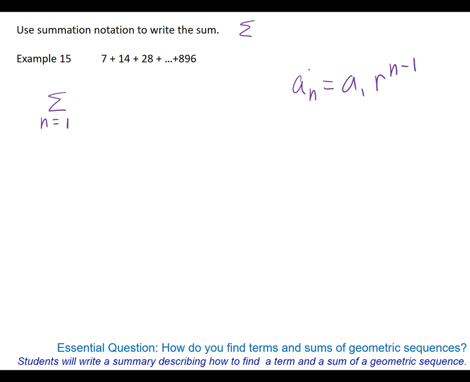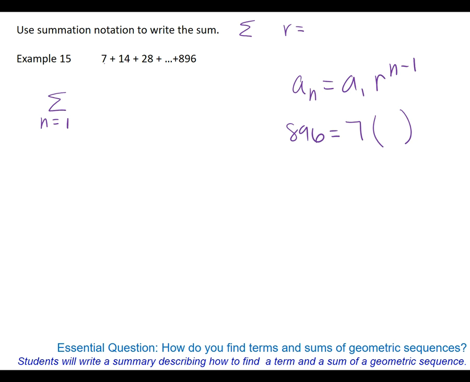Do we know the last term? Yeah, what's our last term? 896. Put it in the formula. What's the first term? 7. Perfect. What about the ratio? Is it second minus first?